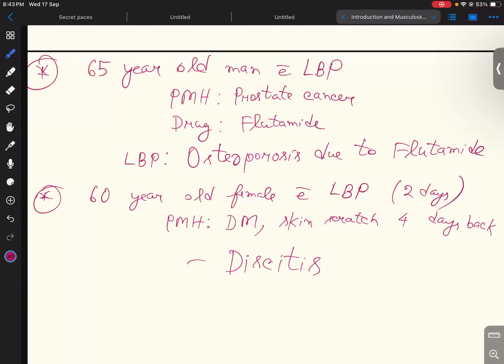In this case, this was skin scratch. Sometimes there can be a history of IV cannulation. Sometimes some IV drug user, something like that can be there. But in that exam case, that was skin scratch. Wonderful, Dr. Nikita.